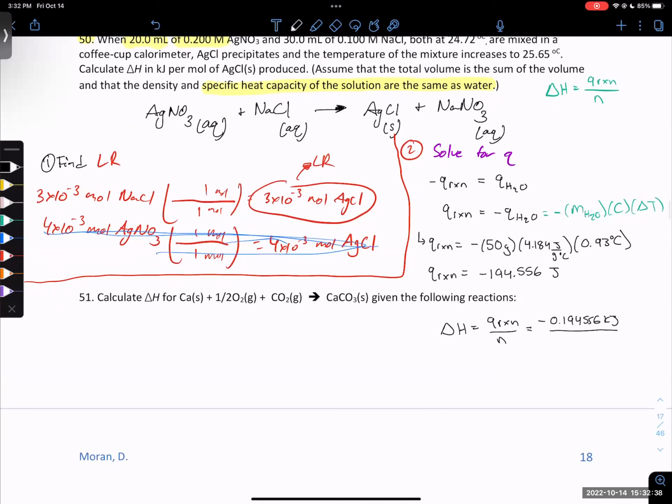And it's going to come out to be 3 times 10 to the minus 3 moles. And we're going to get an answer of negative 64.9 kilojoules per mole of AgCl, which is our delta H.